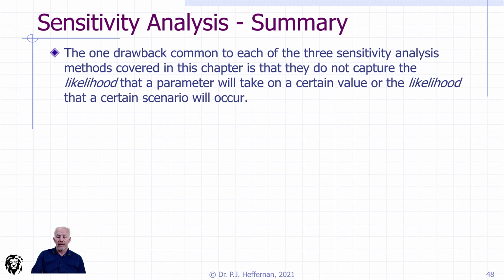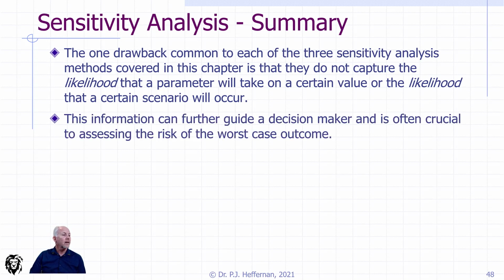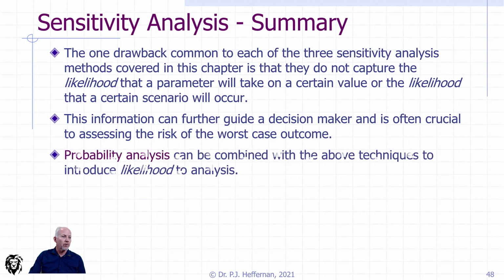So you could be focusing in on a scenario that is highly improbable and allowing that to skew your decision compared to a highly probable outcome somewhere else. This information can further guide a decision maker and is often crucial to assessing the risk of the worst case outcome. Probability analysis can be combined with the above techniques.